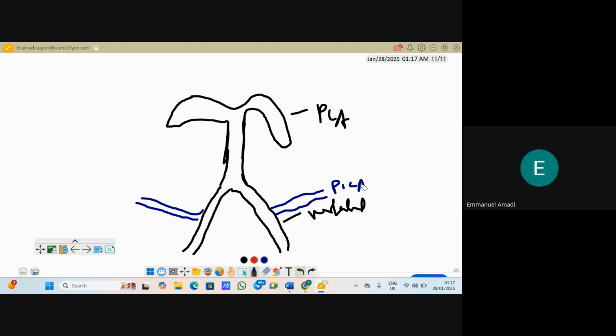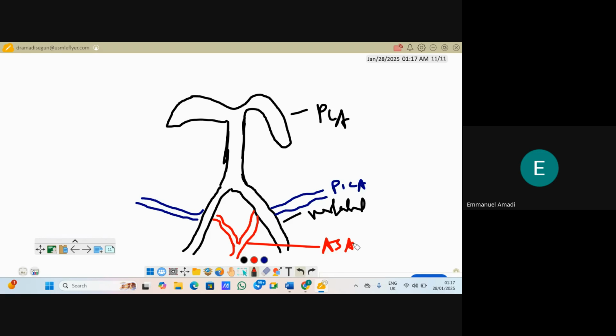The full meaning of PICA is posterior inferior cerebellar artery. Now, on the inside, it gives rise to this artery here that we call the anterior spinal artery. This one in red, we call it the anterior spinal artery.